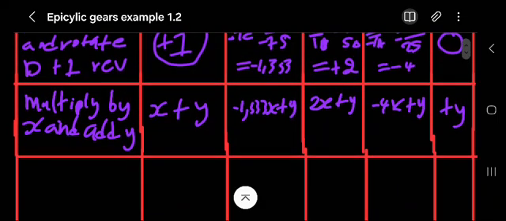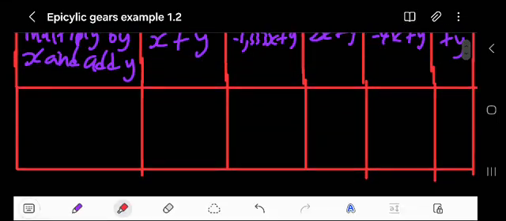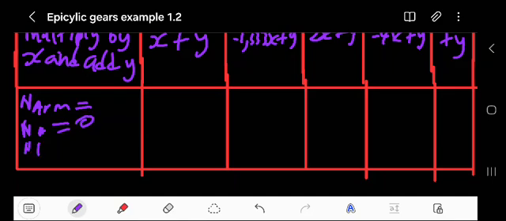So this column will be the number of revolutions. We're checking the revs now. The arm has been given. We don't know NB, the revolutions of B, and the revolutions of C and D. We don't know this.